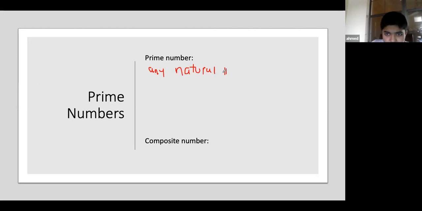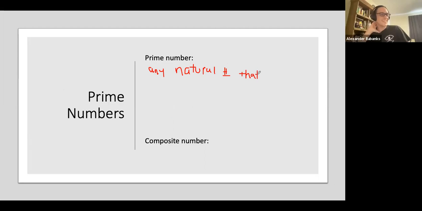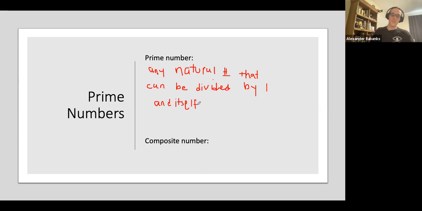So that means natural numbers include even 0, right? Depends what book you're reading. What you'll see a lot is people will write an N with a little 0 on the bottom to include it. So it just depends. We can throw 0 in here and this definition is fine, because you can't divide by 0. So it wouldn't be a prime because it can't be divided by itself, since you can't divide by 0. So you can throw it in there.